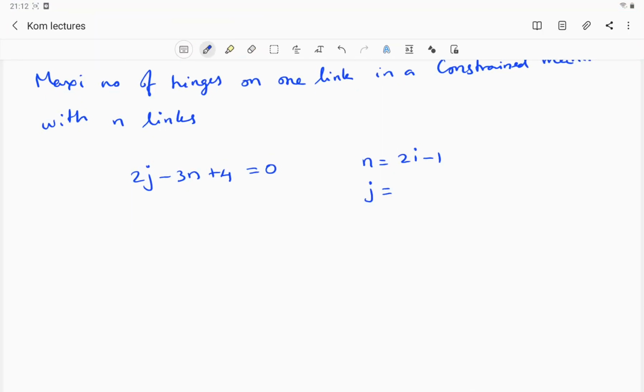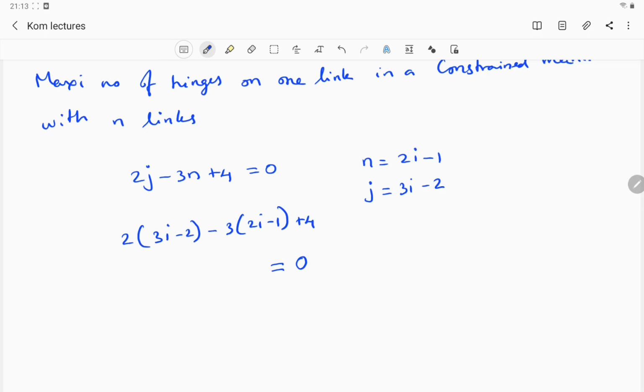So j is 3i minus 2. Now let's substitute. We get 2 into 3i minus 2, minus 3 into 2i minus 1, plus 4, which will be equal to 0.